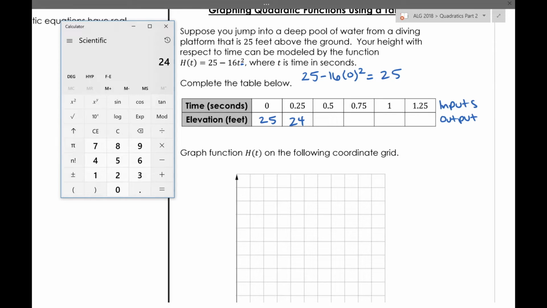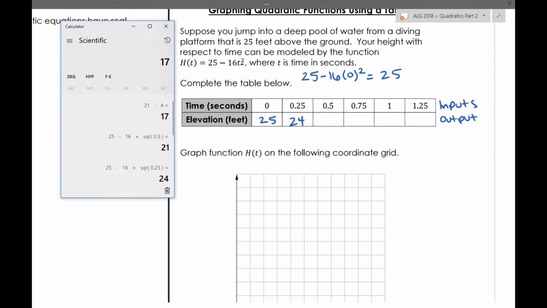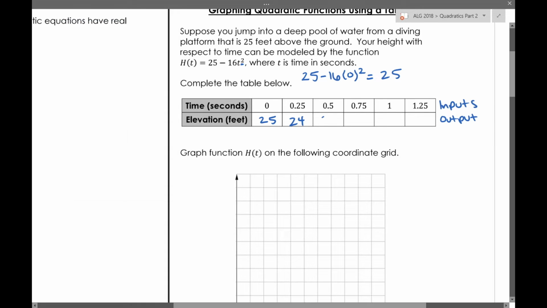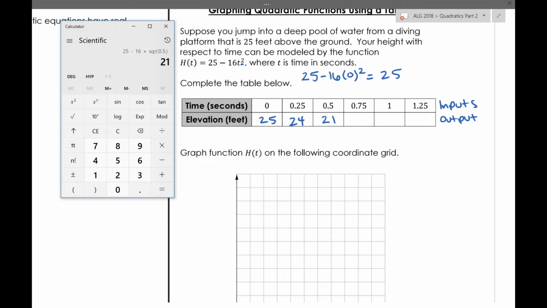Keep going until all of these are done. So the next one is 25 minus 16 times 0.5 squared. I think I pressed that too much because the answer was supposed to be 21. Okay, so that's 21 right here.